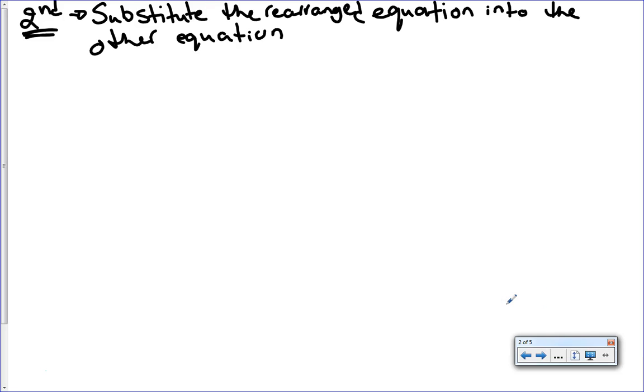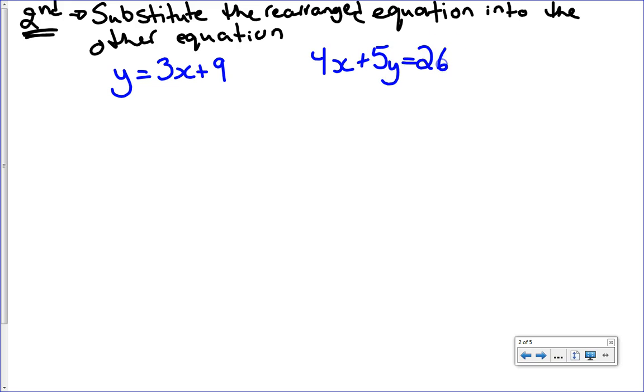From last time, we just figured out the rearranged equation was y equals 3x plus 9. The other equation, the one I haven't touched yet at all, is 4x plus 5y equals 26. So I'm going to take that and substitute it literally into the other equation.